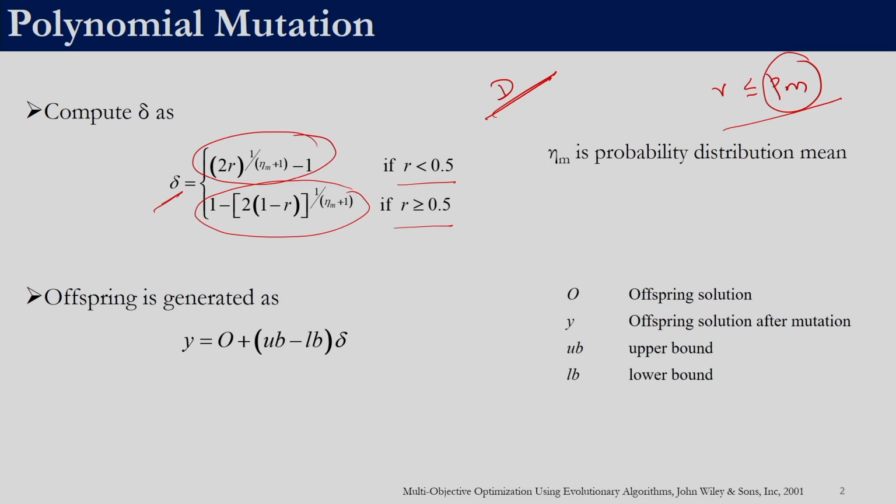Once we determine delta we can generate the new offspring using this equation: the current offspring for which we are doing mutation, plus ub minus lb, the lower and upper bounds of the problem, into delta, which we have calculated here. This gives us the new offspring, which is called y here, or you can just call it o.